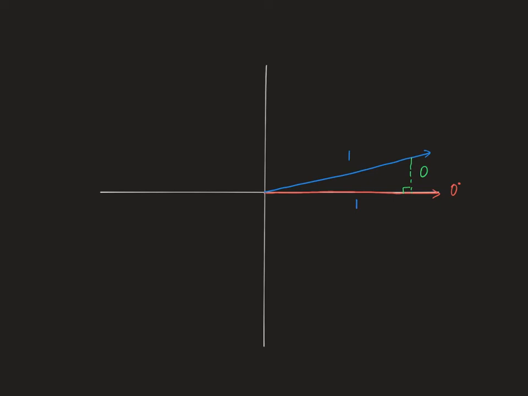So in essence, we built a 2-sided triangle. But now that I have all 3 of those sides, I can come up with all 3 of my trig ratios. I could calculate what the sine of 0 degrees was, because now I have opposite over hypotenuse. And so it's 0 over 1, which is 0.